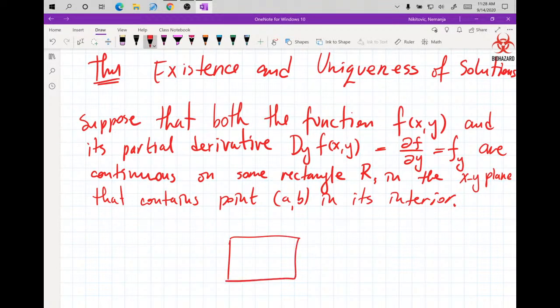You have a portion of your whole xy plane, which is a rectangular portion R, and you have some point (a, b) through which the function is continuous. All of this mess is just saying that, plus the derivative of that one needs to be continuous as well. Now we'll deal with that when we get there.